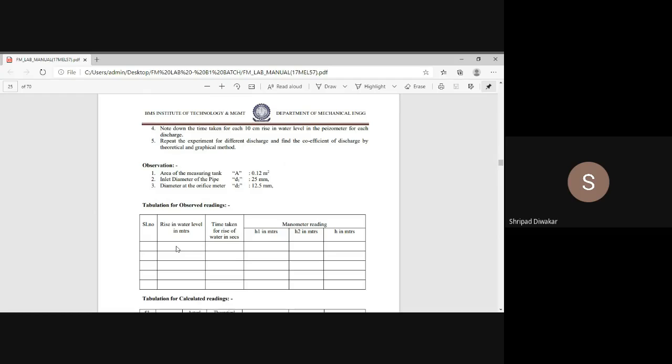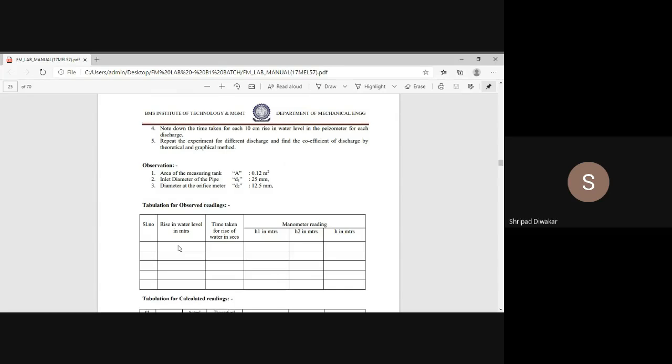We are going to measure how much time it takes for the rise of water, in seconds. Suppose 27 seconds, 28 seconds, like that. We measure the time for the rise of 10 centimeter.